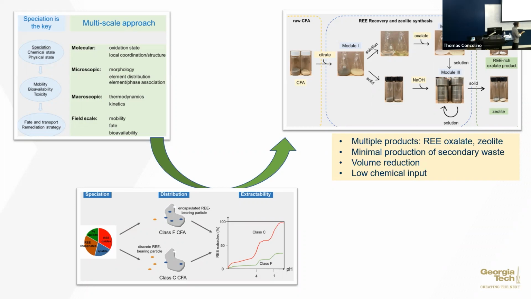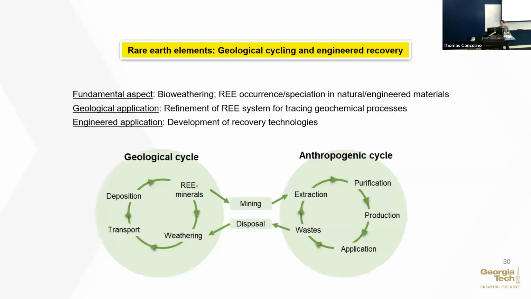But the idea that I hope I have conveyed to you is really looking at the molecular scale speciation, taking a multiscale approach experimentally and theoretically, to understand the physical and chemical speciation and distribution and correlate that with the batch scale or larger scale extractability for the rational design of a green method for REE recovery.